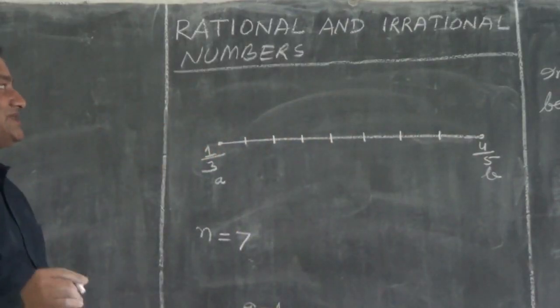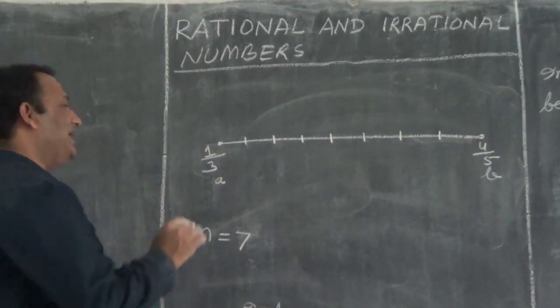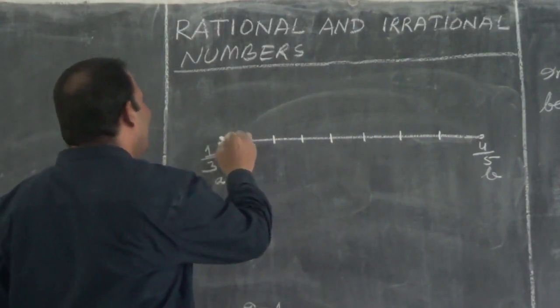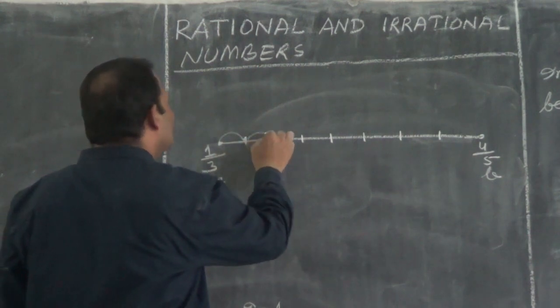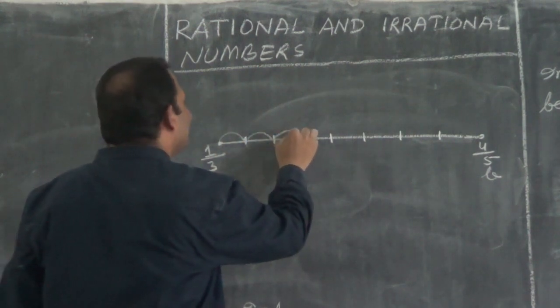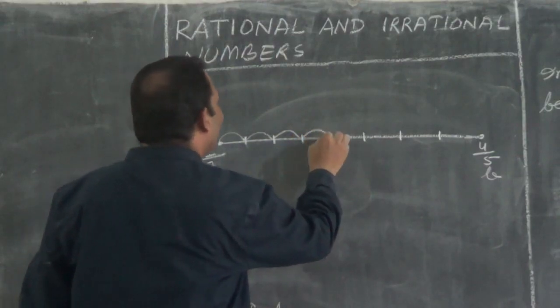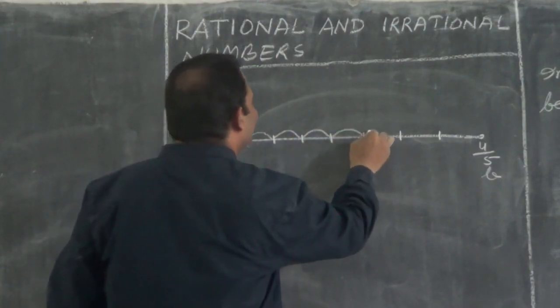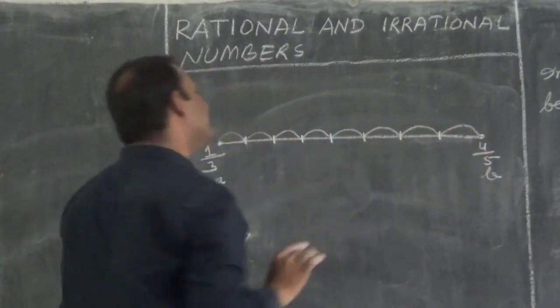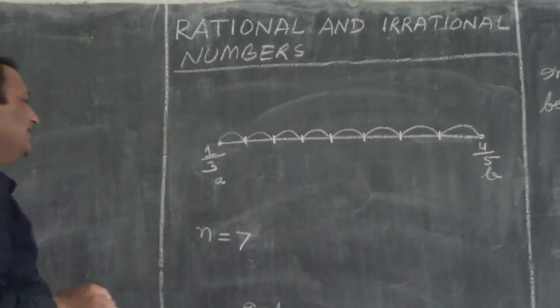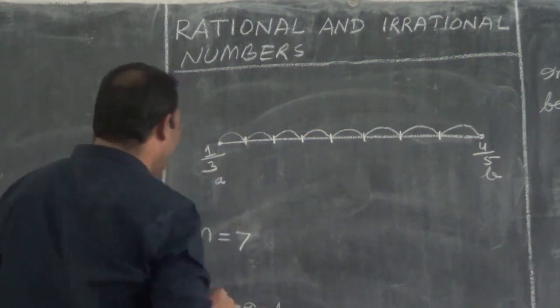So if I put 7 numbers here, how many gaps are created? 1, 2, 3, 4, 5, 6, 7 and 8. There are 8 gaps. So here n equals 7.